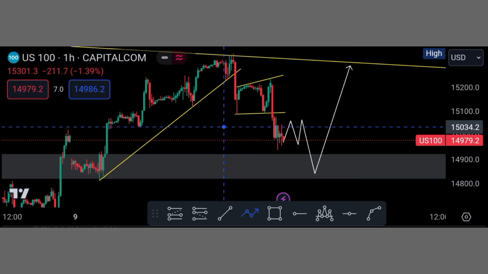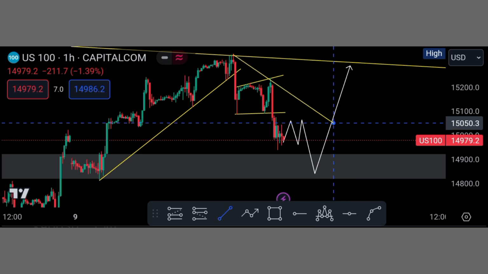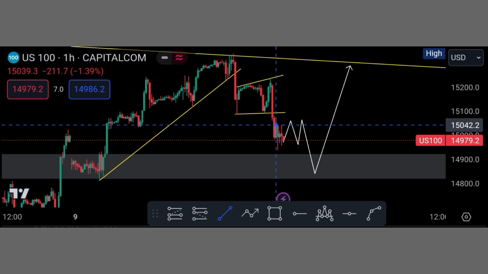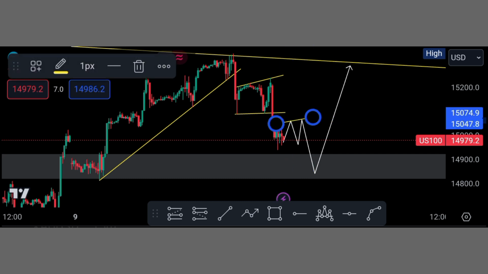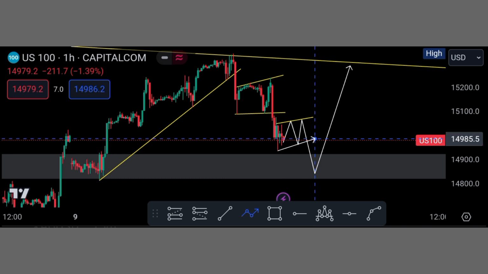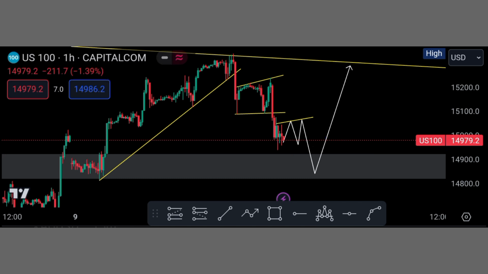Which makes sense because now we are building this type of structure right here, this downtrend. But I don't want to confuse you guys, so yeah, we can actually have some short-term sells on Nasdaq, something like this. You can have some short-term sells, then go to the downside, but the overall momentum or the overall movement is to go to the upside, guys.